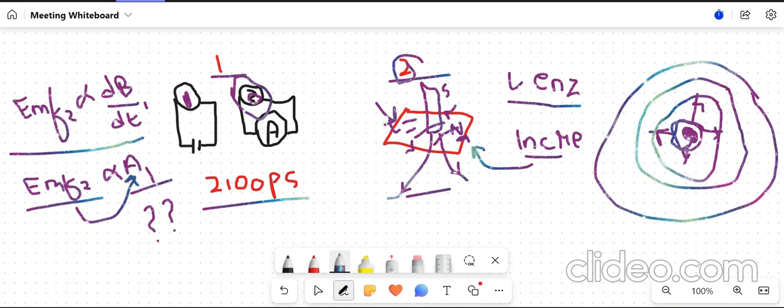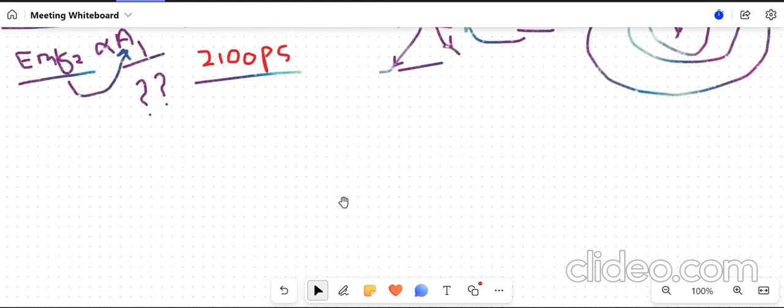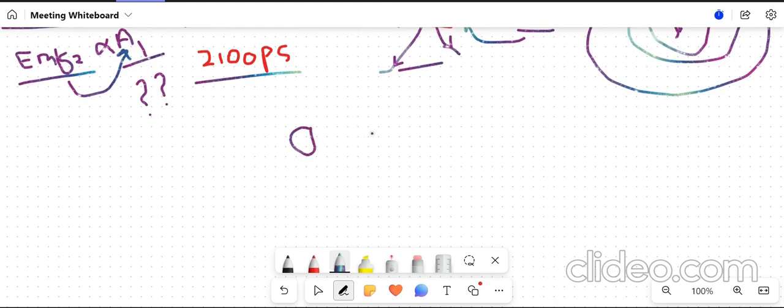Now the next very important thing that you will need to understand is, for example, I have this loop, and this loop is three times.